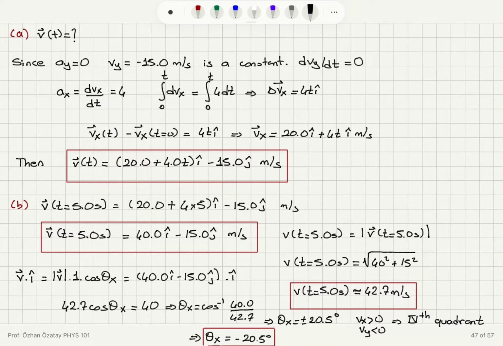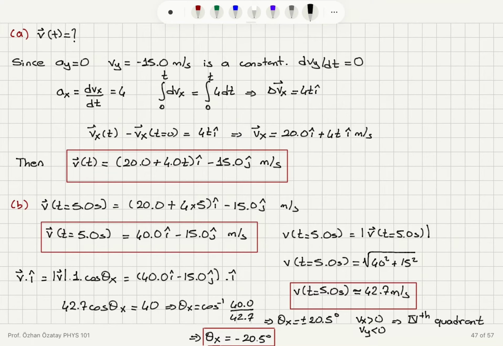Then we evaluate that at t equals 5 seconds. We take the dot product with i hat to find the angle it makes with the x-axis. When I look at the magnitude of the velocity vector at that point, I find its speed. Since the velocity vector at that point has a positive x component and negative y component, it's in the fourth quadrant, so I choose the angle minus 20.5 degrees with respect to the x-axis.